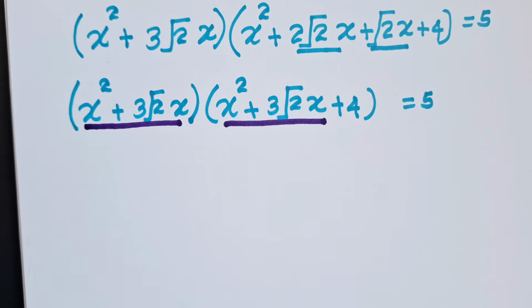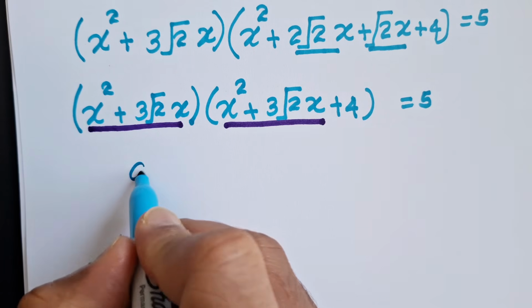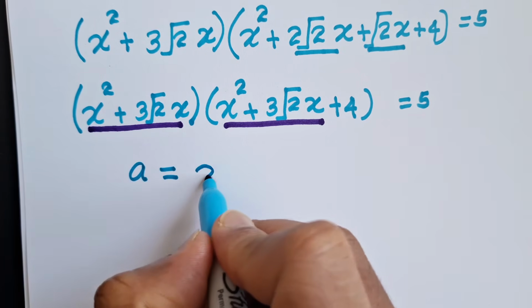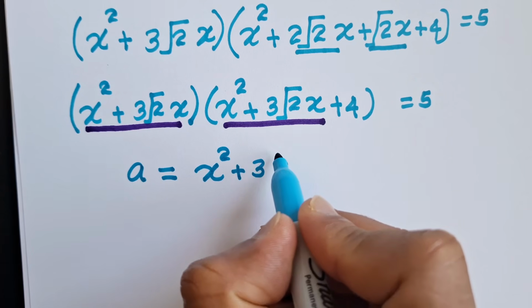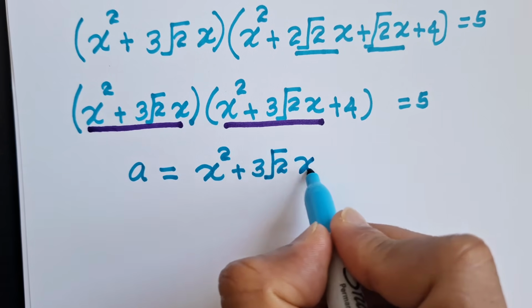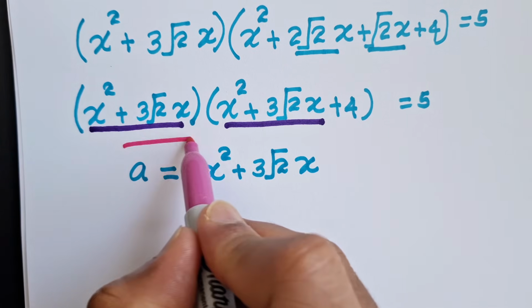We can straight away apply substitution here. I am going to take a is equal to x squared plus 3 times square root of 2 times x. Now I am going to substitute a instead of these 2 terms.